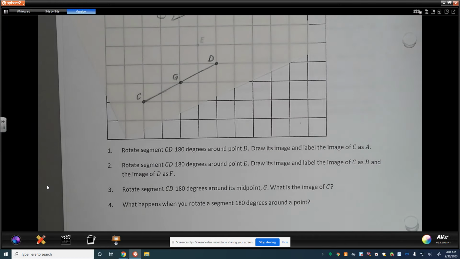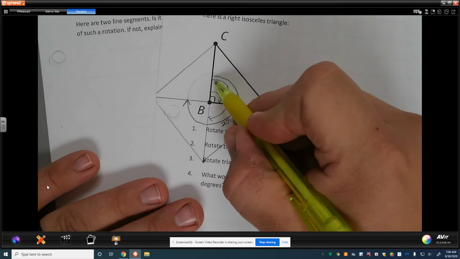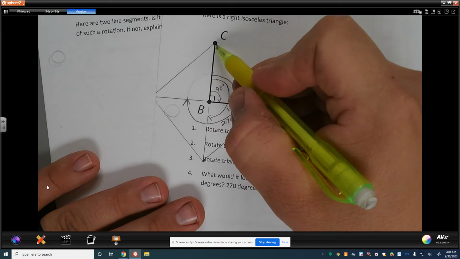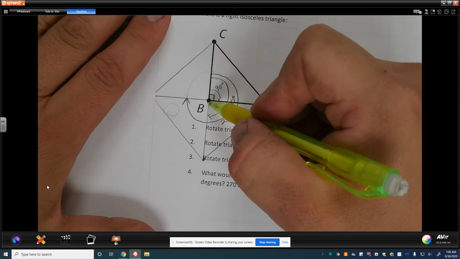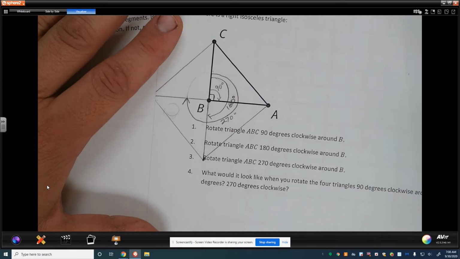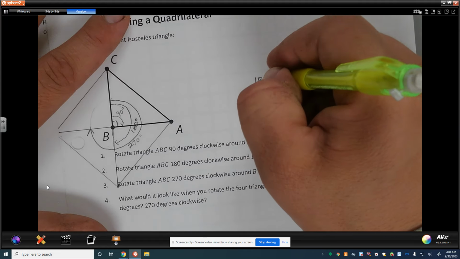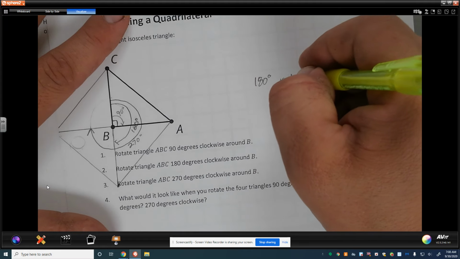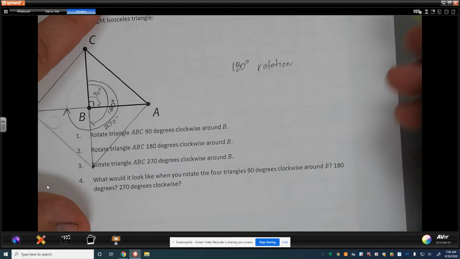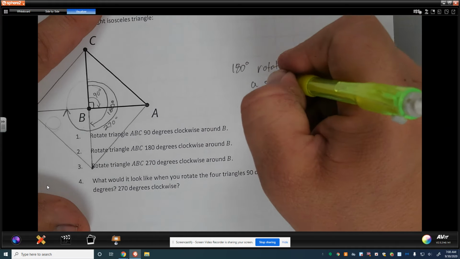Now the question might be, well, what is 180 degrees and how do I know what it is? As we saw in the previous problem, 180 degrees is half of a circle. This segment right here, 180 degrees away, continued in a straight line. So sometimes what we see as a 180 degree rotation creates a straight angle.